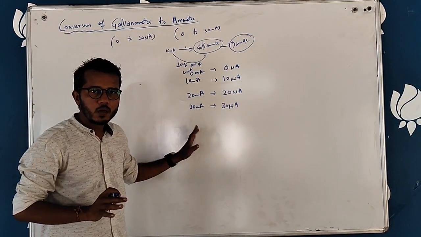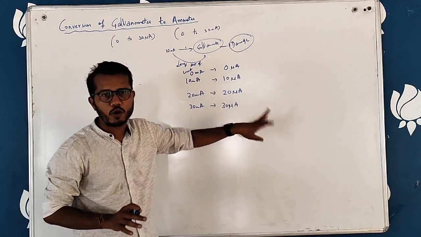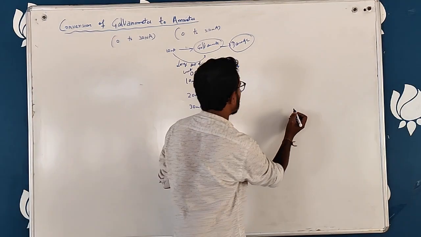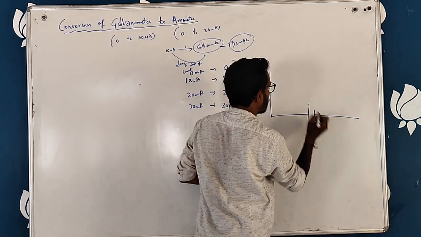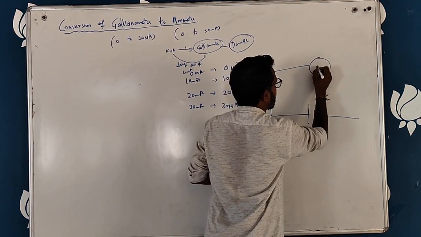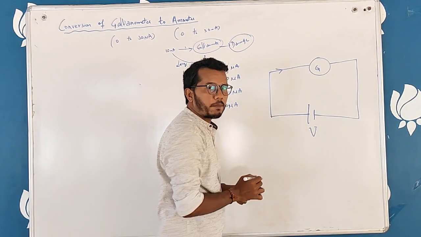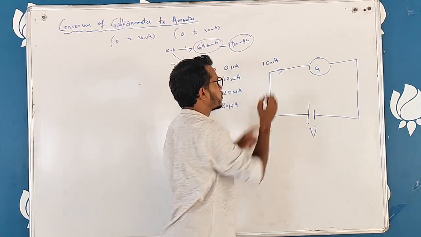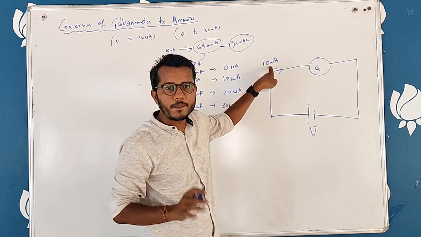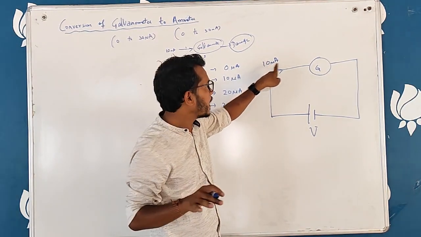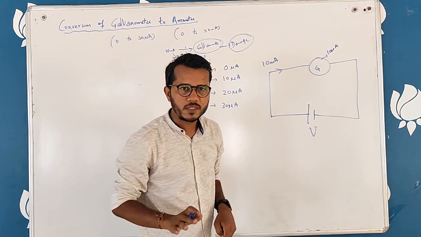To do this, one thing is sure: we have to reduce the current flowing to the galvanometer. If I apply a potential difference V across the galvanometer, which has a very low resistance value, and my supply current is 10 milliampere, the galvanometer may get damaged. So instead of 10 milliampere, I want to supply 10 microampere to the galvanometer so that it will not get any damage.